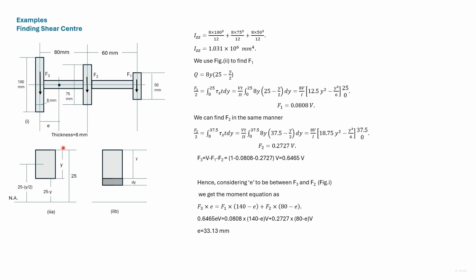We denote this distance as e. Then F3 into e is equal to F2 (80 minus e) and F1 (140 minus e). Substituting the values of F3, F1 and F2, we get e as 33.13 millimeter.